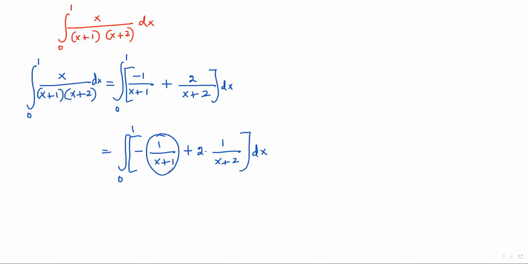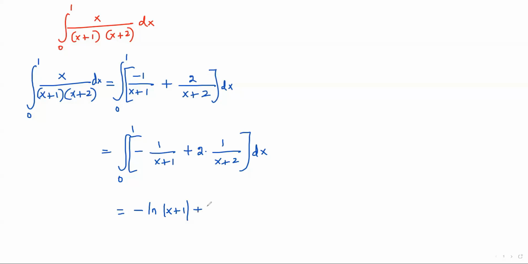So the integration of such a function is ln of what we have in the denominator, that is ln of the absolute value of x plus 1. Whenever the derivative of the denominator is in the numerator, the integration of such a function is ln of what we have in the denominator. Here for x plus 1, I am taking the absolute value because logarithm is never defined for negative values. Even if the value of x plus 1 is negative, it has to be taken as positive. And we can take this negative sign over here.